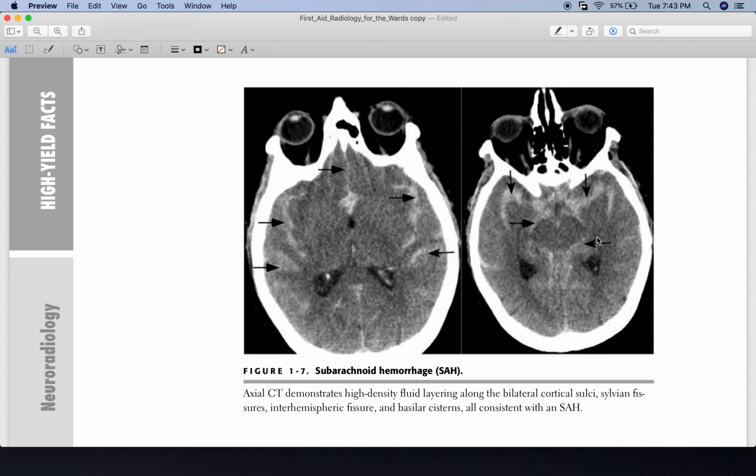Really, the most important thing is to see hyperdense lines in the sulci and the fissures between the lobes of the brain on the CT scan, enhanced after a period of time.